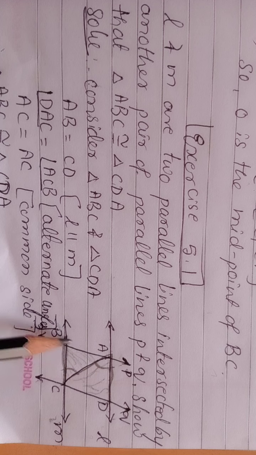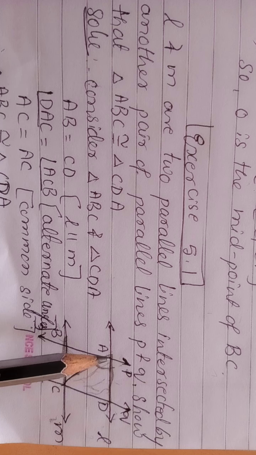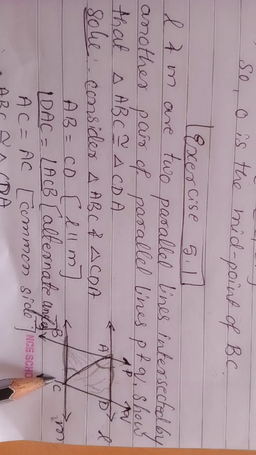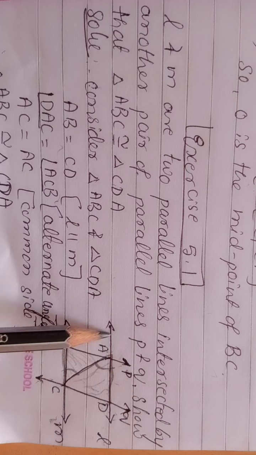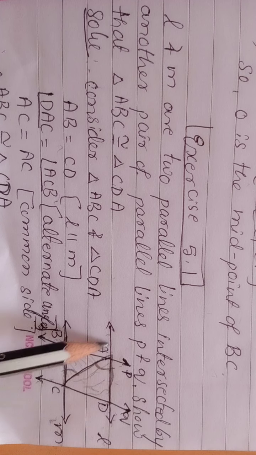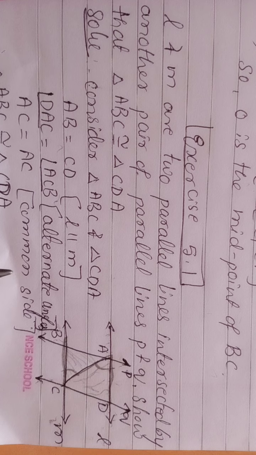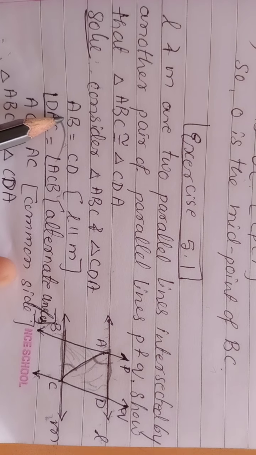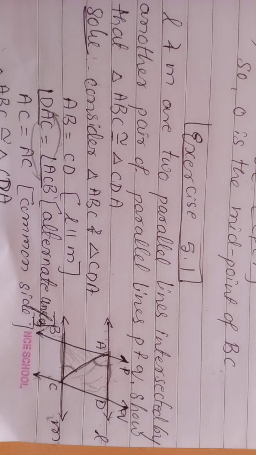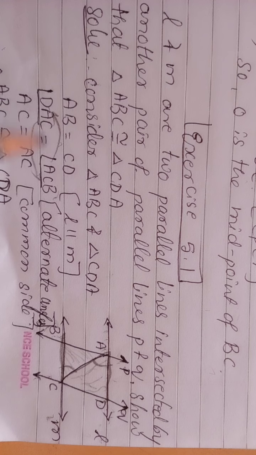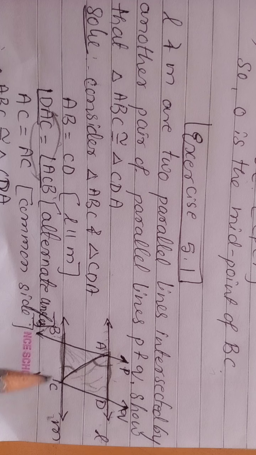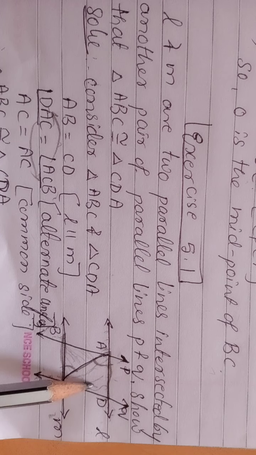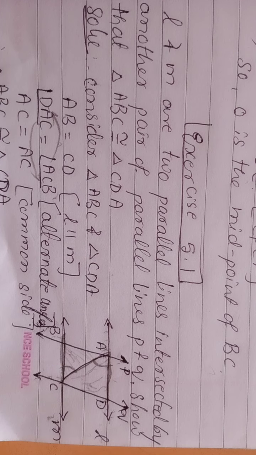And already because this distance will be equal, we can take AB is equal to CD first, because L is parallel to M. Then you go with angle ACB. ACB will be equal to angle DAC, alternate angles, and AC is the common side for both the triangles, isn't it?